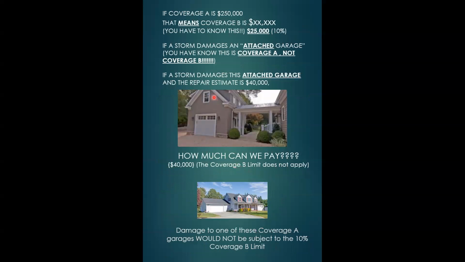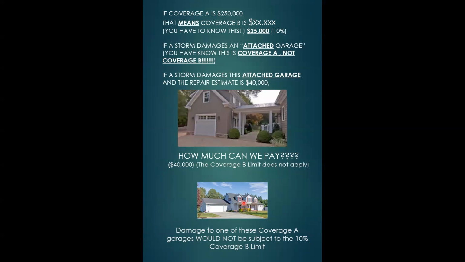Here's the exact same idea. The only thing we've changed here is that it's an attached garage. Not a detached garage, but an attached garage, meaning now it's a coverage A garage. And the coverage B rules and limits don't apply because it's a coverage A garage, not a coverage B garage. And that's the whole point of that question.